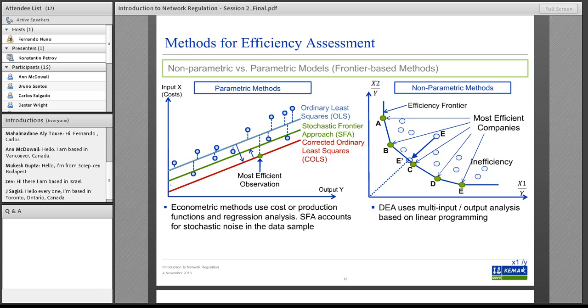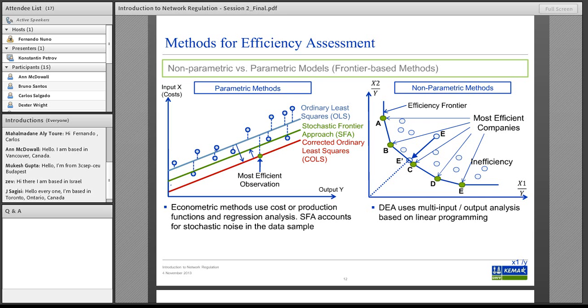So company E can go down to the origin of the system and cross the frontier at the point E prime. So this E prime, actually this distance, is the inefficiency and the possible efficiency improvement of the company E, which is compared in this configuration with the frontier presented on the diagram.